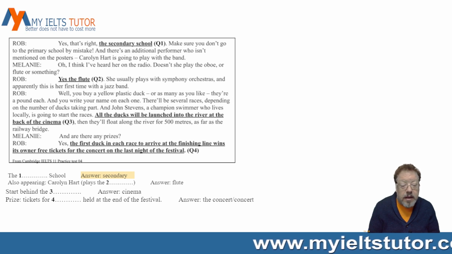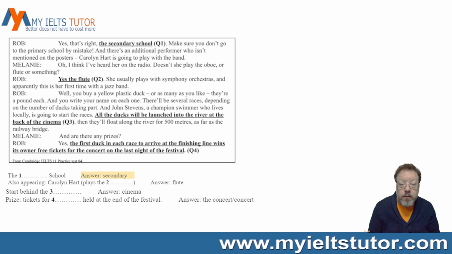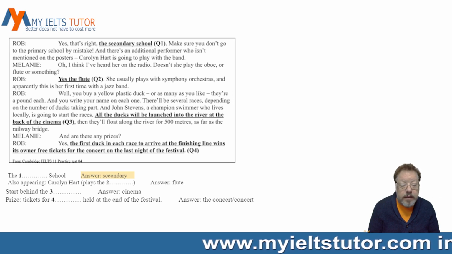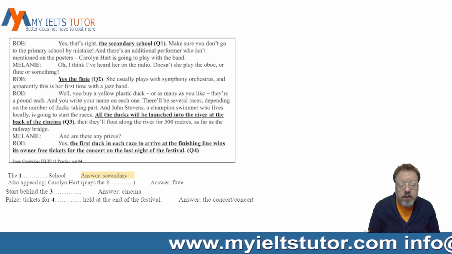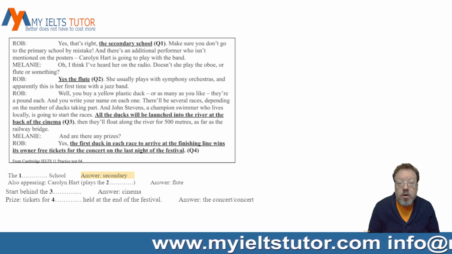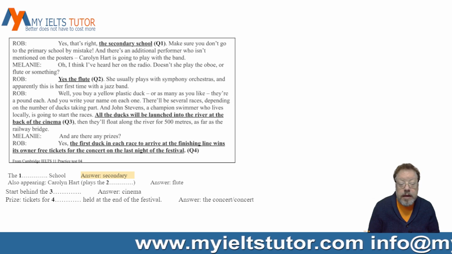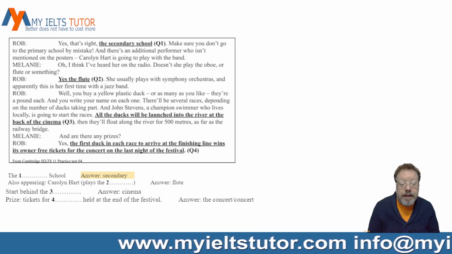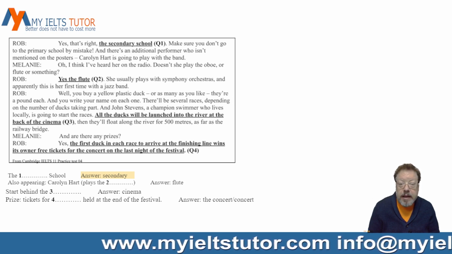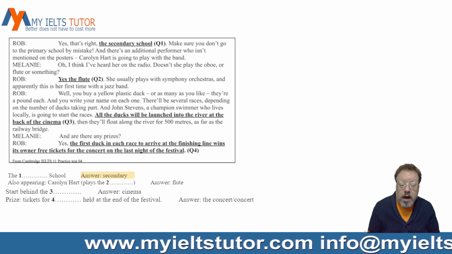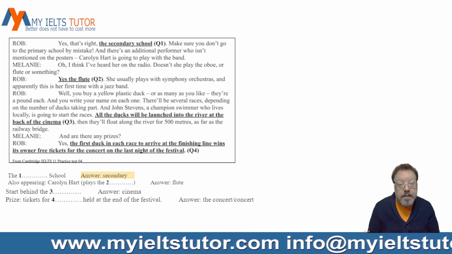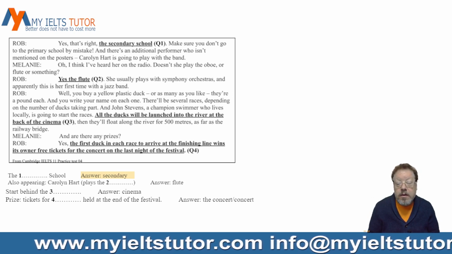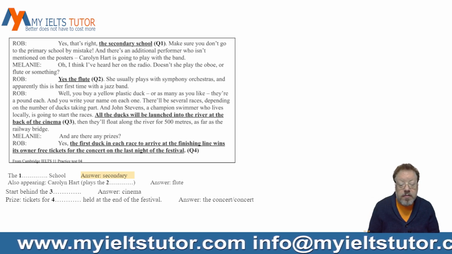Here we have the answer actually coming before the keyword. Melanie says, oh, I think I've heard her on the radio. Doesn't she play the oboe or the flute? So the keyword is play, but we have the answer mentioned by Melanie, and then it's confirmed by Rob. Yes, the flute. Okay, so keep that in mind. That's another way you can hear the answer expressed.